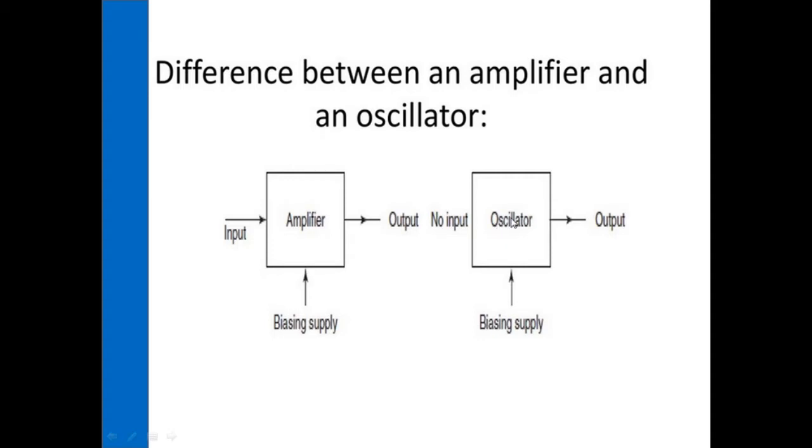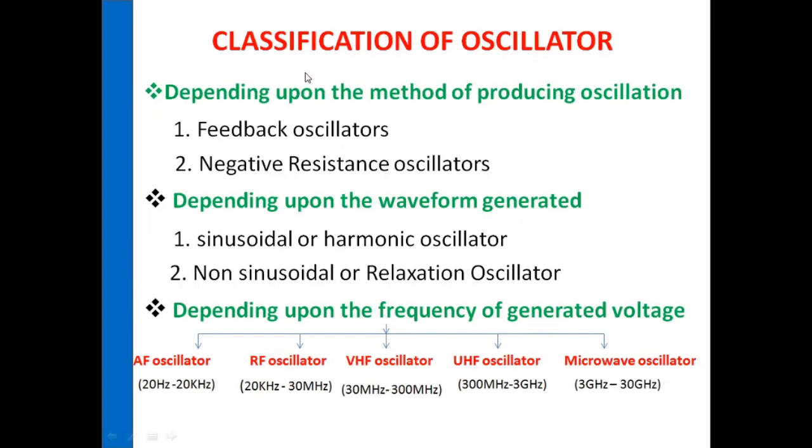Based on this, these are some of the classifications of oscillators. Basically three criteria. One, depending upon the method of producing oscillation, it is classified into feedback oscillator and negative resistance oscillator. Negative resistance oscillator means an oscillator that utilizes its negative resistance property for producing oscillation. One example is the Gunn diode oscillator.